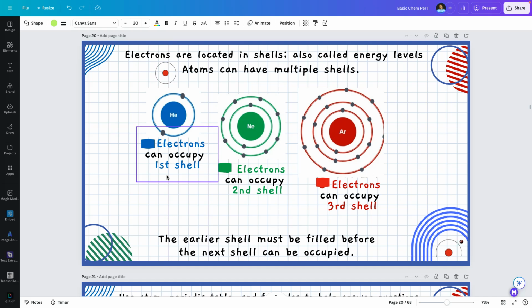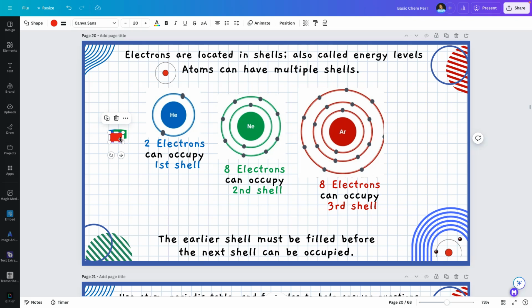The electrons should always have a maximum number in each shell. So if you are shell number 1, how many electrons should be there? 2. If you're shell number 2, how many electrons should be there? 8. If you're shell number 3, how many electrons should be there? 8. So we call that the 2-8-8.